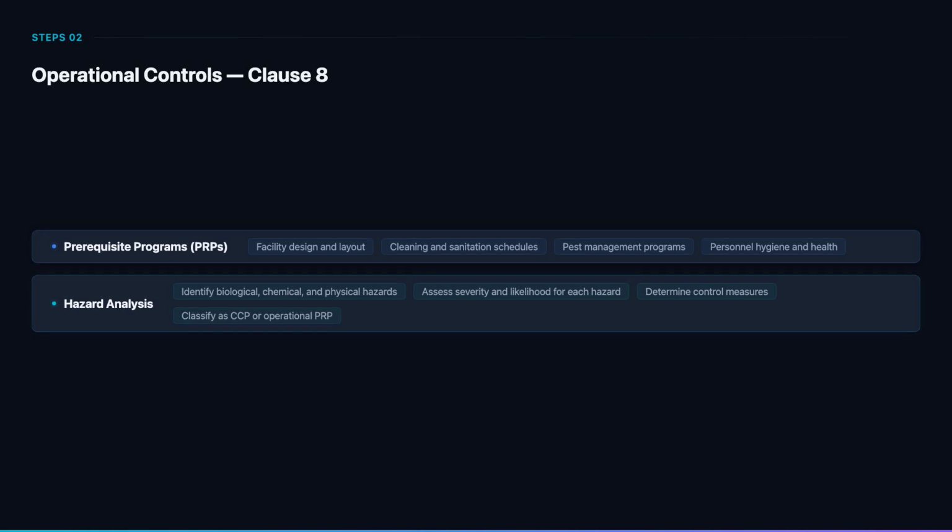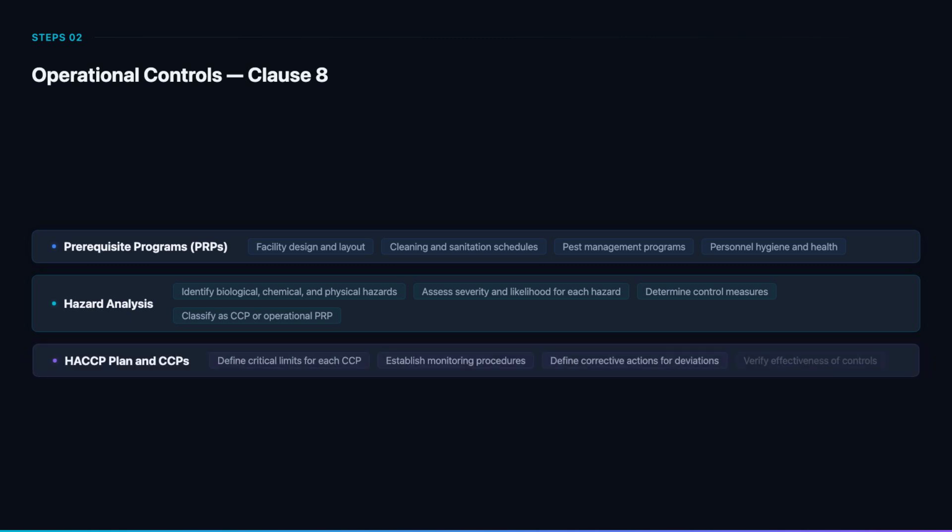Hazard analysis systematically identifies every biological, chemical, and physical hazard that could affect your products. Assess the severity of each hazard and the likelihood of occurrence, then determine appropriate control measures. Each hazard is classified. Some require critical control points. Others are managed through operational prerequisite programs.